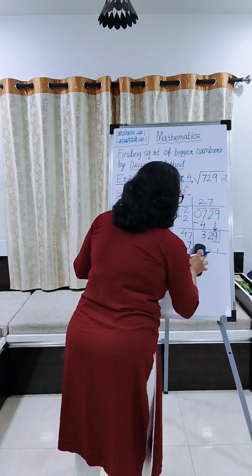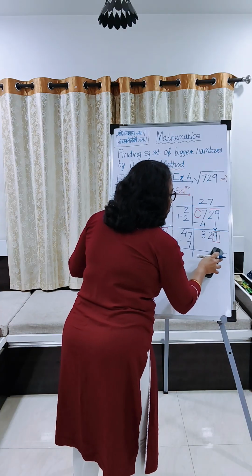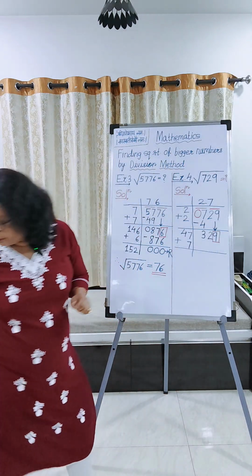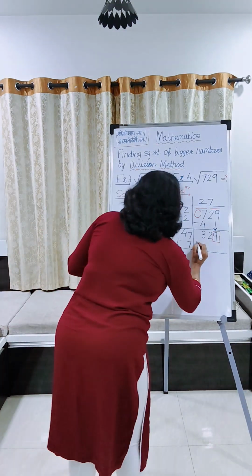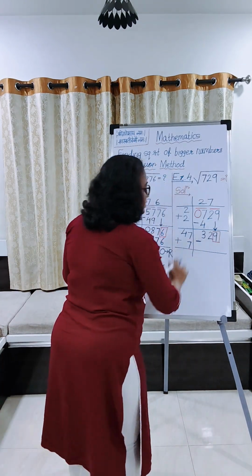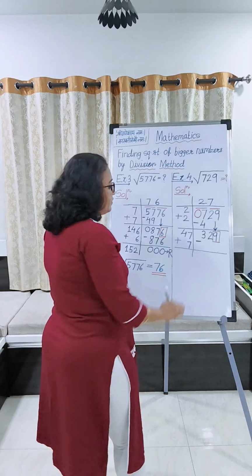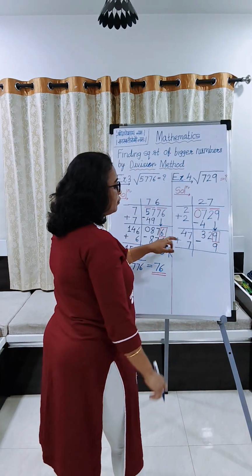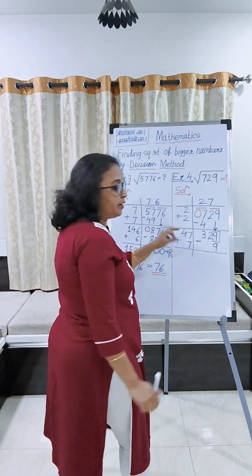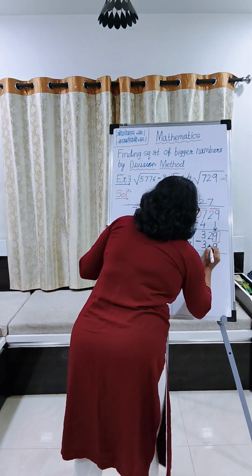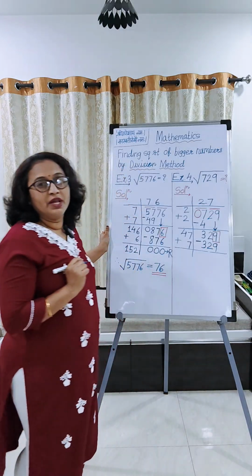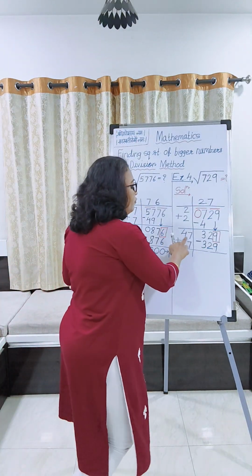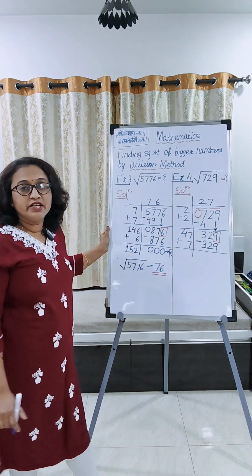Then multiply 47 by 7, and you will get 7 sevens are 49. 9, carry over 4, 7 4s are 28 plus 4, 32. Yes, it's working. So instead of 48, it will be 47.